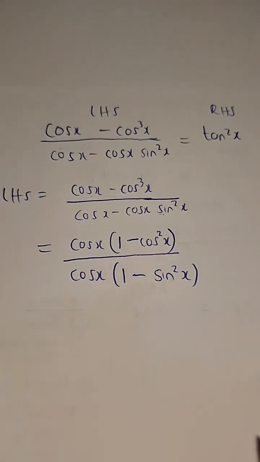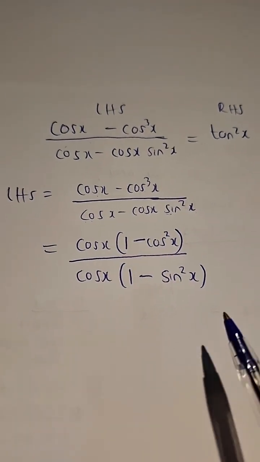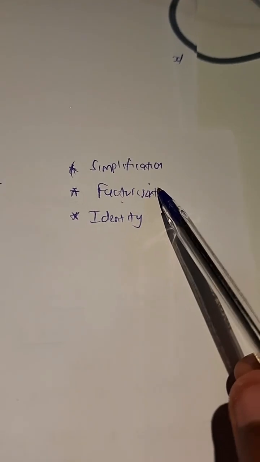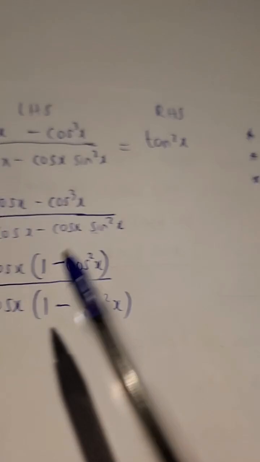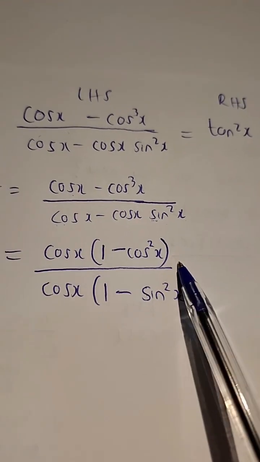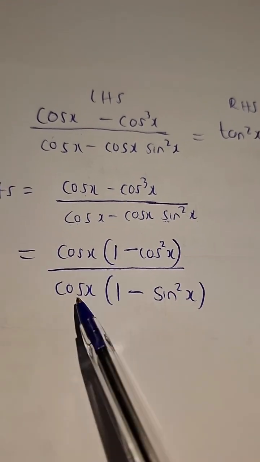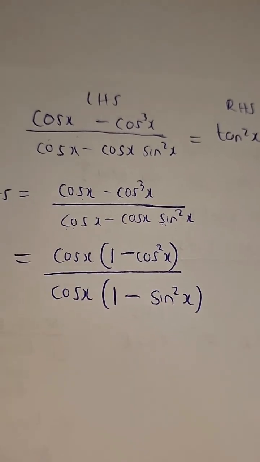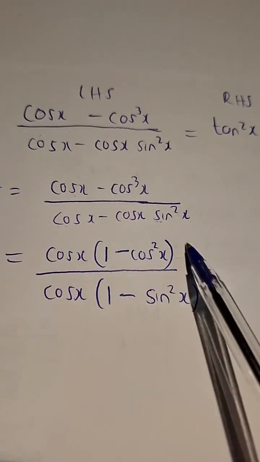Then we go back to our strategy. We've applied factorization. Is there any simplification that can be done further here? Yes. Cos x and cos x can be cancelled. Why? Because in the numerator we officially have one term.